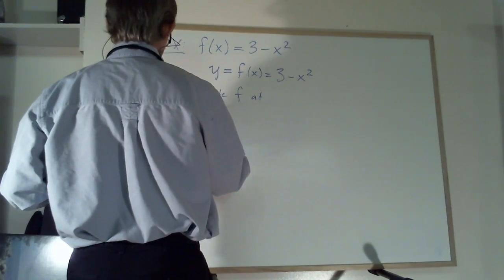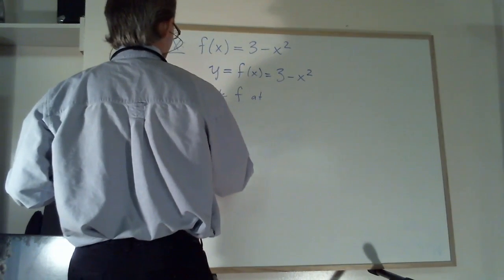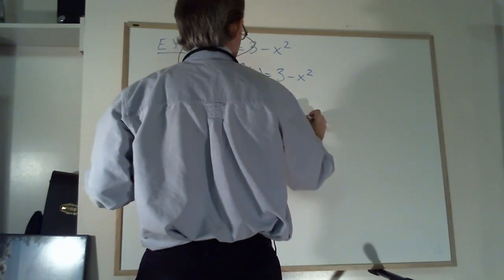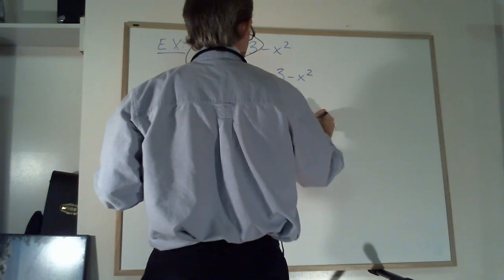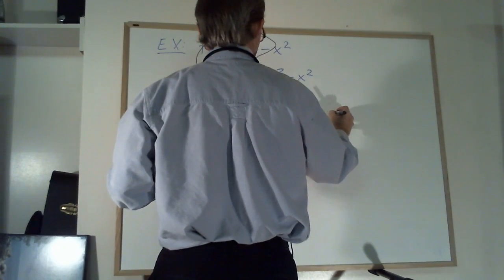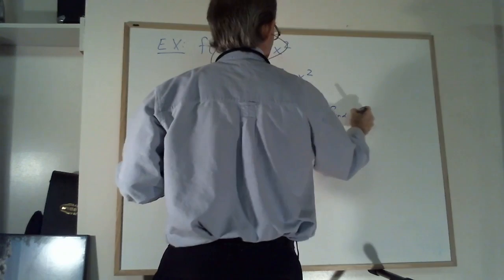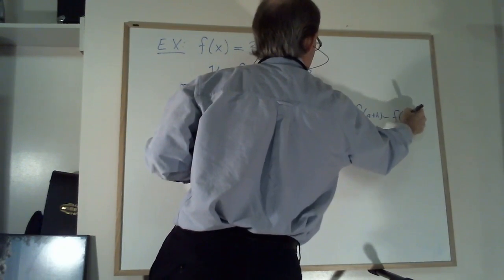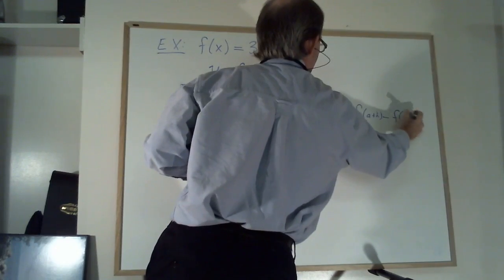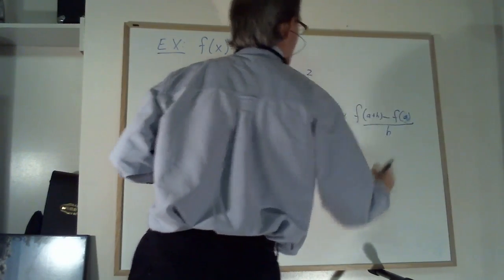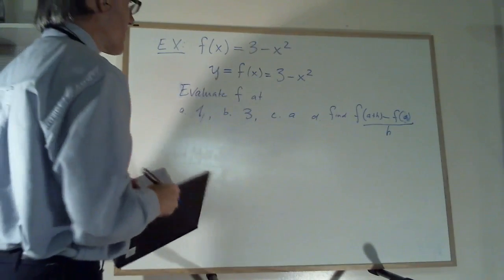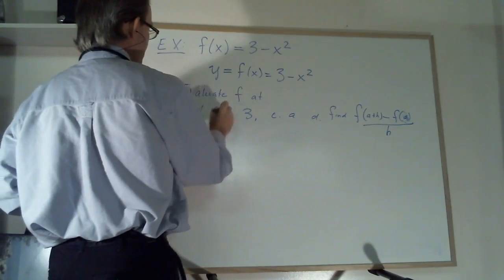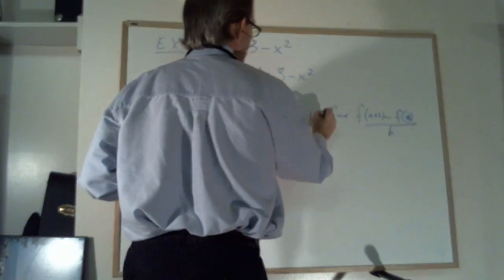So let's say 1, 3, b would be find f of a plus h minus f of a over h. So this a is some letter, not this symbol a, indicating the part of the question.